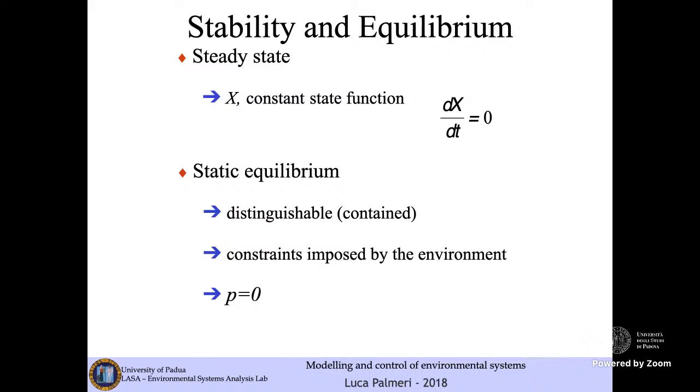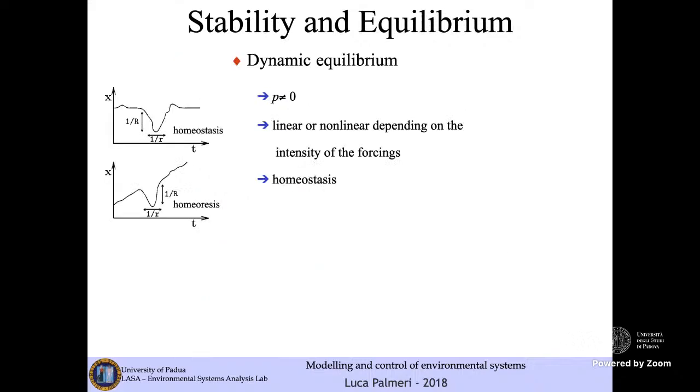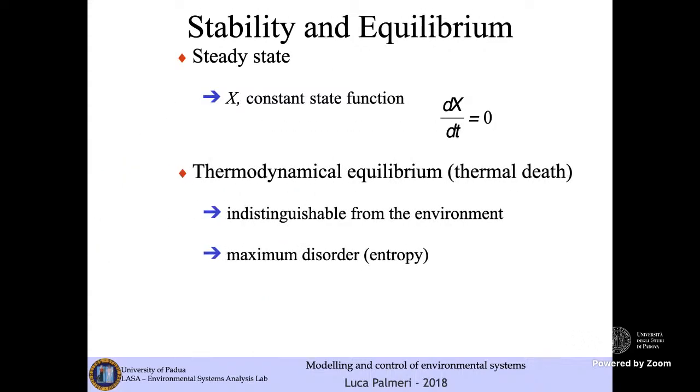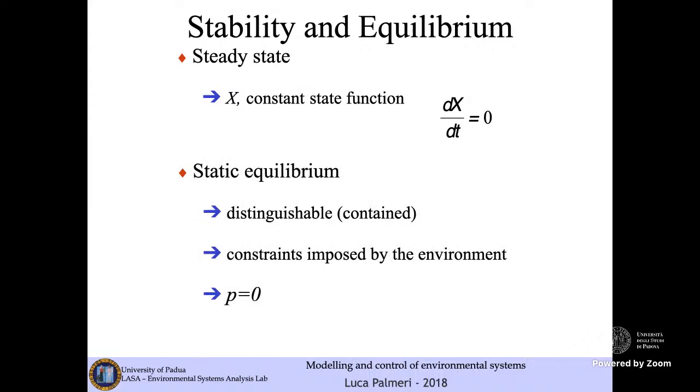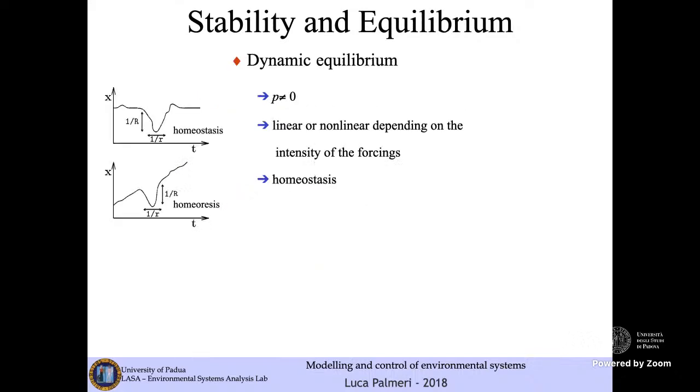Constraints are imposed by the environment, and in particular, in conditions in which we have zero entropy production, we may define static equilibrium: an equilibrium in which we have a zero entropy production. A dynamic equilibrium instead is an equilibrium in which the entropy production is different from zero.